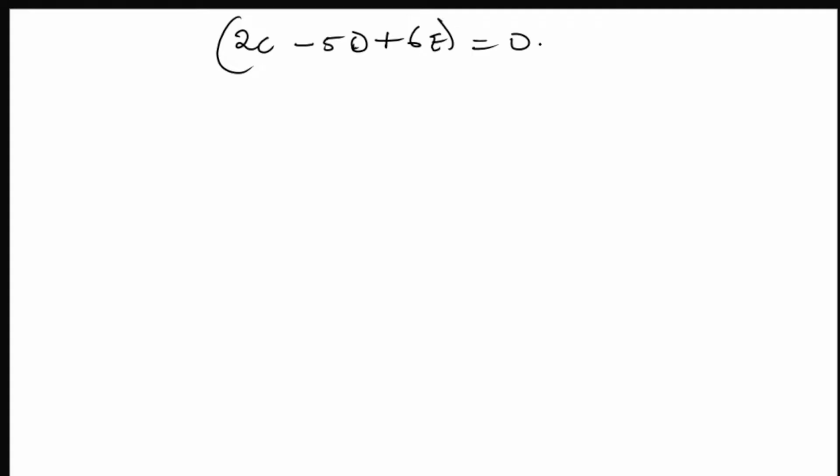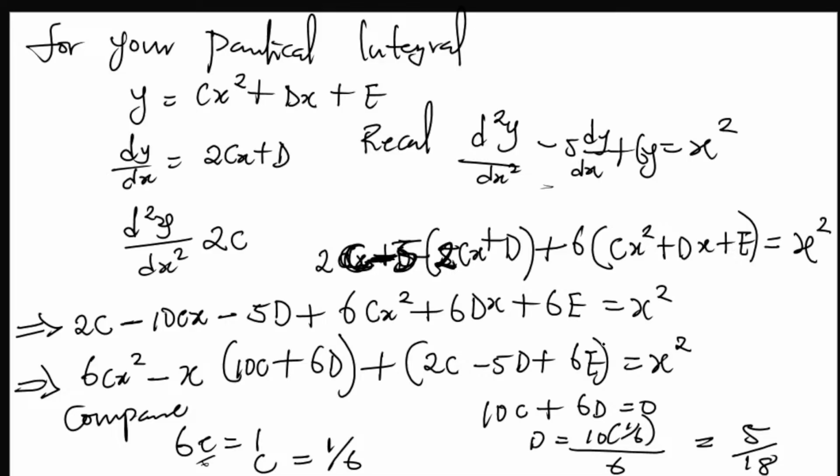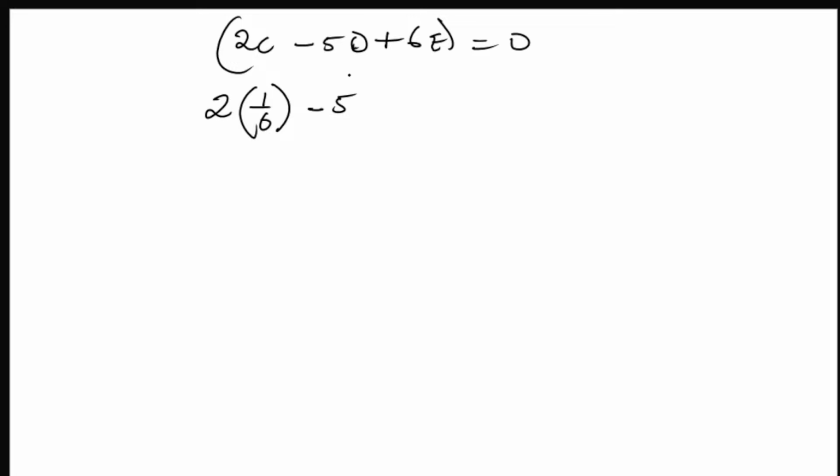So all other values will be crossing an equality sign to the other side. Or better still, we can represent this as 2 into c, which is 1 over 6, right? And this will be minus 5, and d we know to be 5 over 18, remember we calculated d. So we have d here to be 5 over 18, and this is in brackets, plus 6e, and this will be equal to 0.